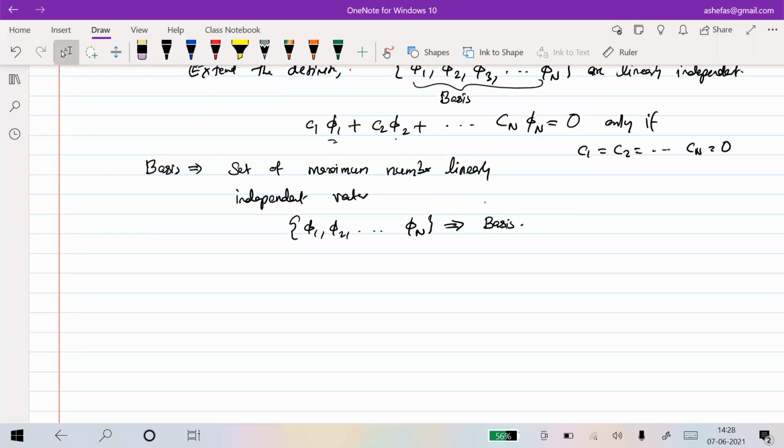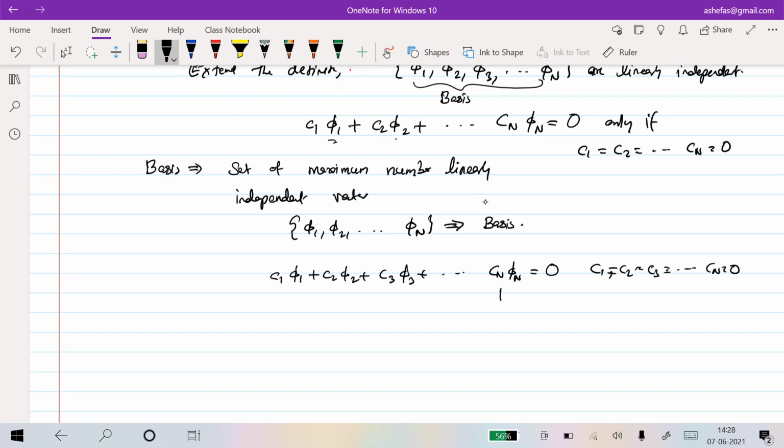If you take the linear superposition of phi 1, phi 2, etc., up to phi n, this becomes 0 only if C1 equal to C2 equal to C3 equal to etc., up to Cn equal to 0.